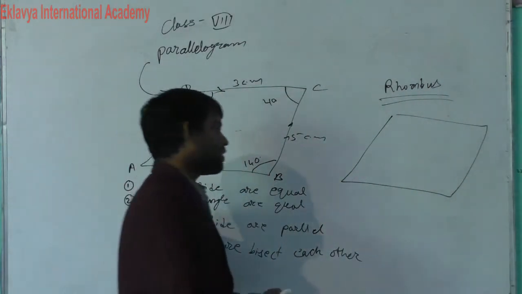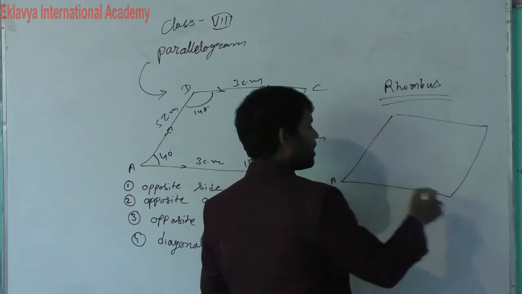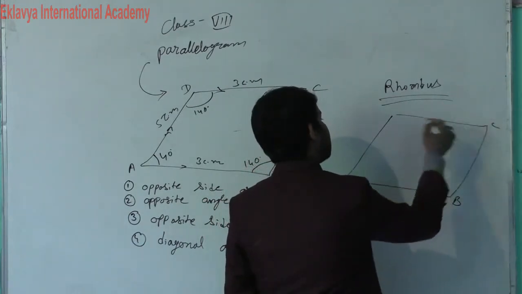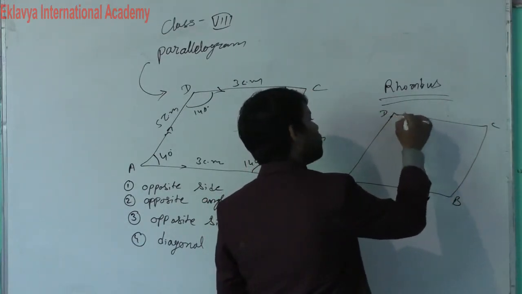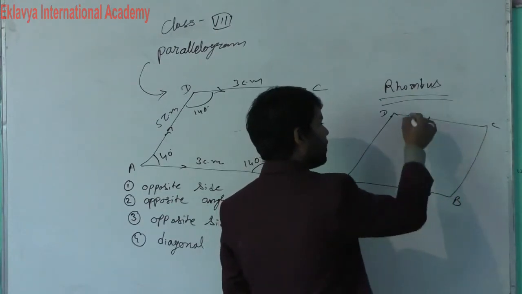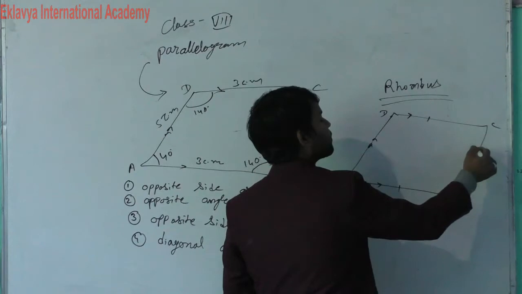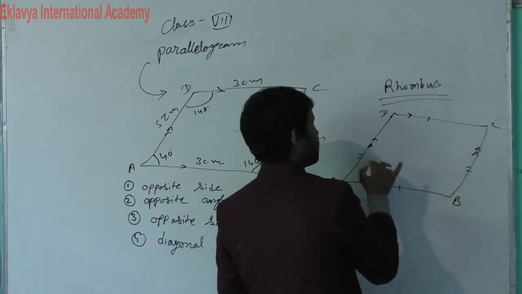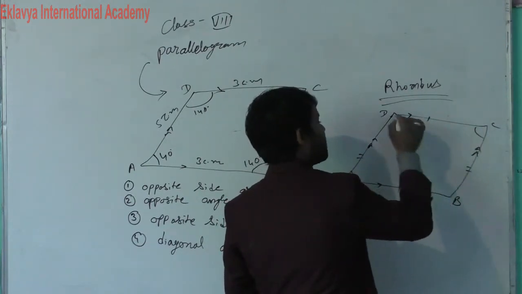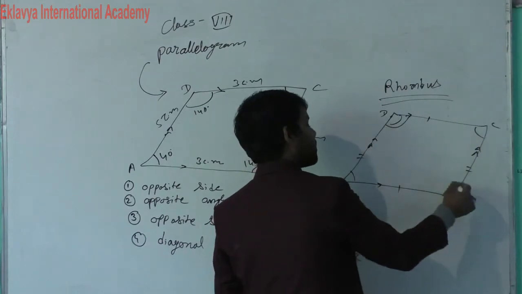So if we have rhombus A, B, C, D, then in this also opposite sides are equal, opposite sides are parallel, and opposite angles are equal.